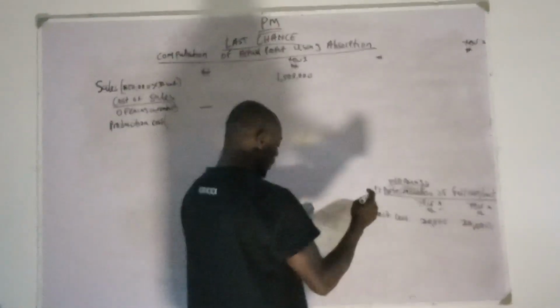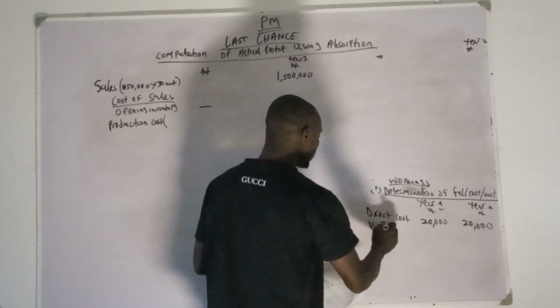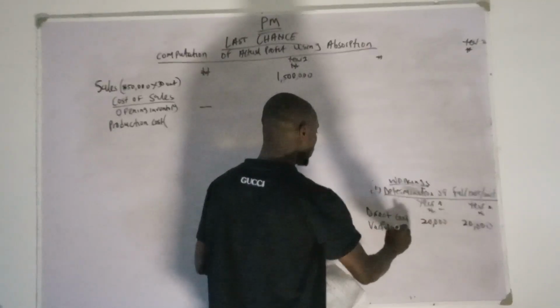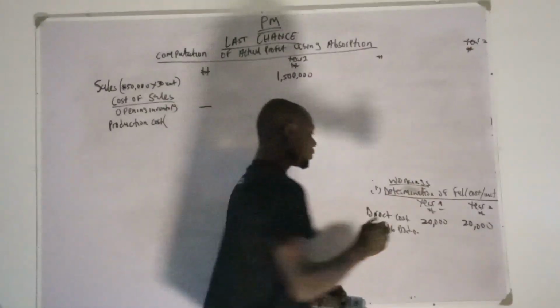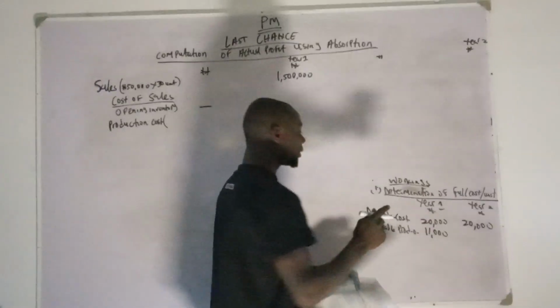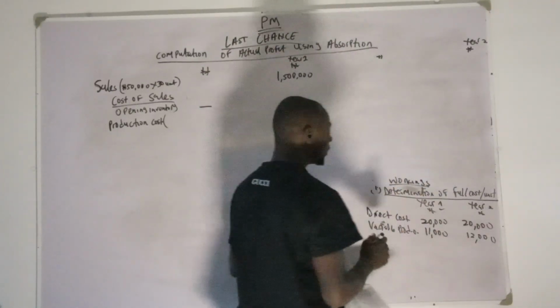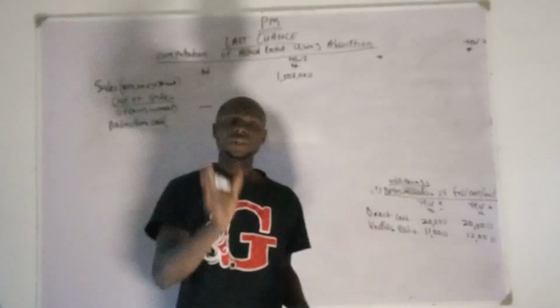What next? Variable production overhead, VPO. This is for year 1 is 11,000, right? Year 2 is 12,000. So this is just the variable cost.